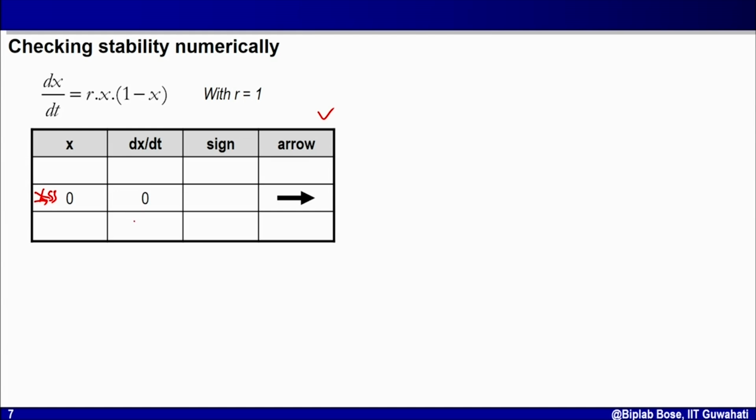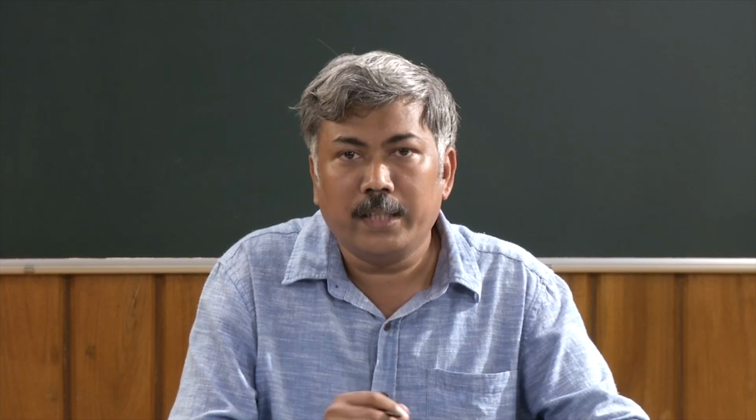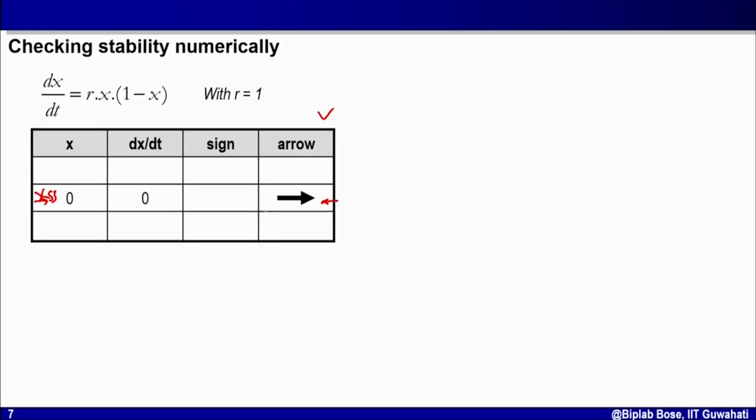Obviously, the dx/dt for x equal to 0 is 0, and it doesn't make any sense to talk about the sign of 0. But I put an arrow which is horizontal here, because we know from the direction field concept that the arrows in a direction field when the derivative is 0 are horizontal.